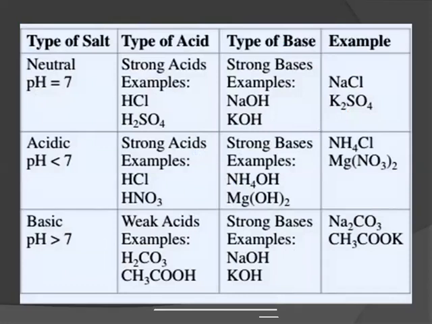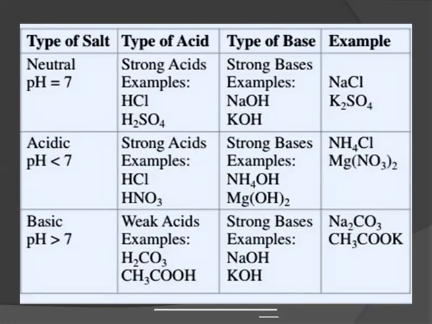Thus, we can say salts can be of three types. Neutral salt, which will have pH equal to 7, for example, sodium chloride and potassium sulfate, formed from hydrochloric acid and sodium hydroxide, and sulfuric acid and potassium hydroxide respectively.